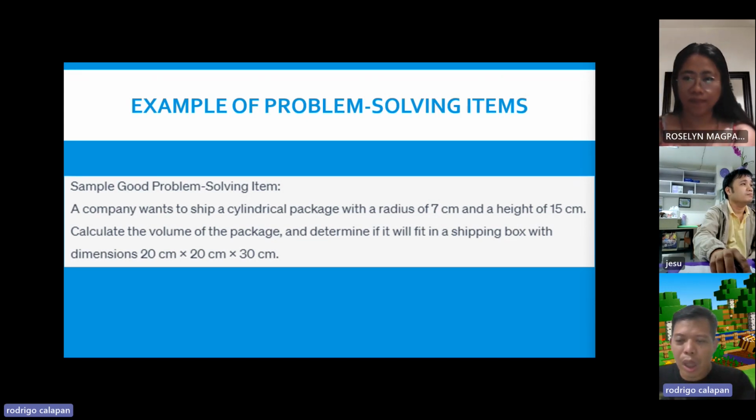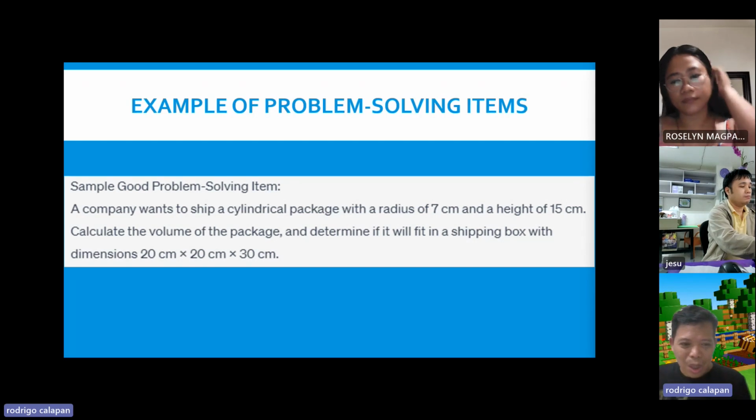So it also includes relevant dimensions and asks the students to determine if the package will fit in the shipping box, adding an additional element of problem solving. So in this item, it assesses the students' understanding of volume calculation and their ability to apply it in a real world context.